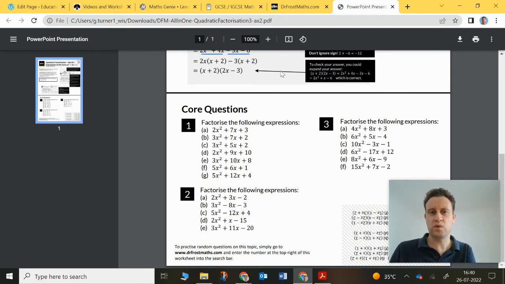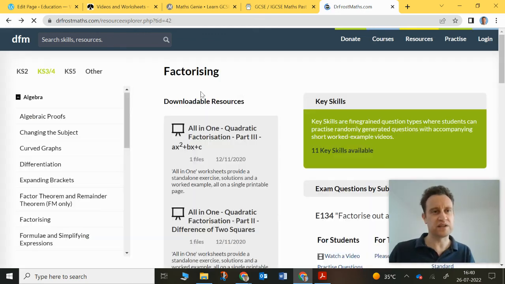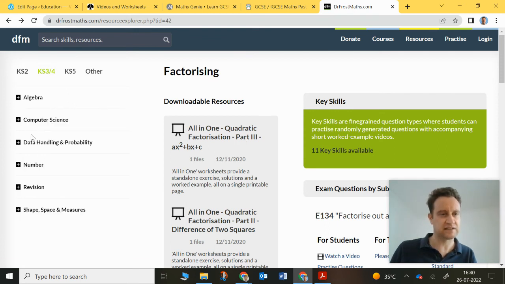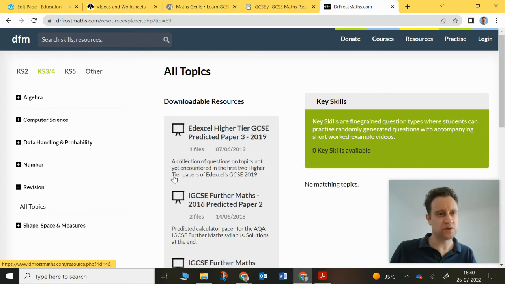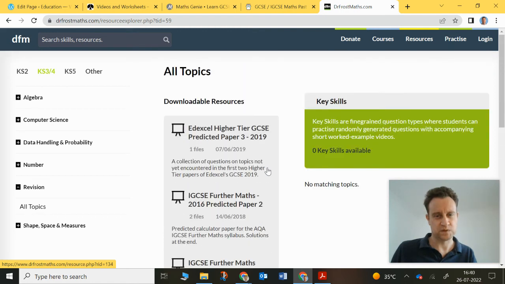A massive resource, probably more for a teacher who would really need to know this, and I would pick this for a lesson knowing my students. But it's still a brilliant resource. Let's go to revision, all topics. I believe you can search for revision here as well. I don't normally do this.